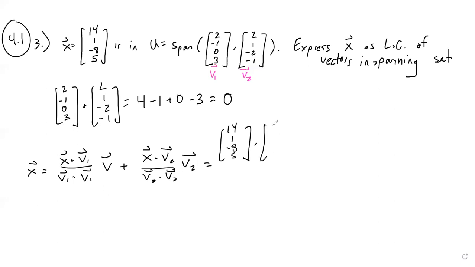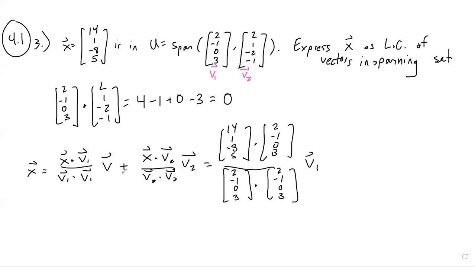So get our v1s in place. So v1 dotted with itself. And it also, of course, only works because we do know that x is in that spanning set. If we didn't have that piece of information, it obviously wouldn't be a linear combination of these two things.